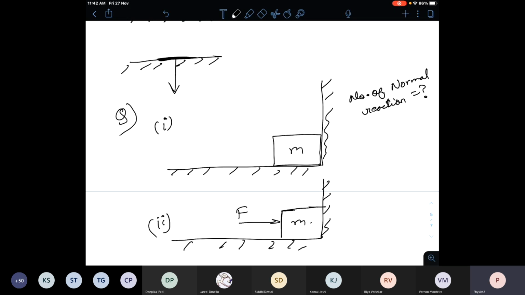And in the second one also, how many normal reactions are acting on the block? Let's write this as N1 and N2. So what should be the value of N1? That is the number of normal reactions in the first case, and N2 is the number of normal reactions in the second case. Just tell me what should be the number of normal reactions as per you in the first case and second case.